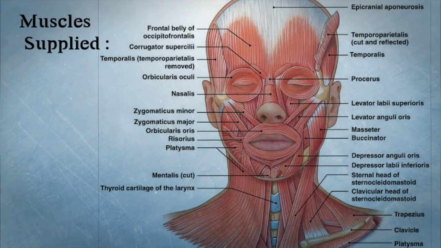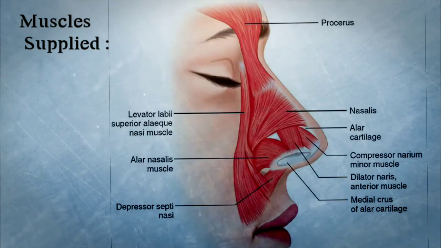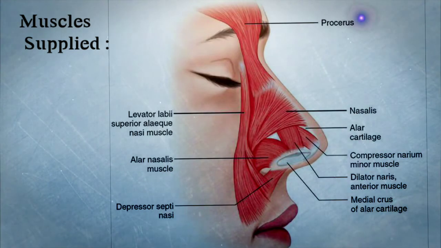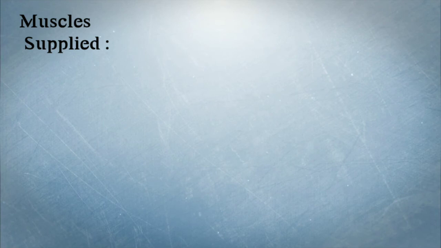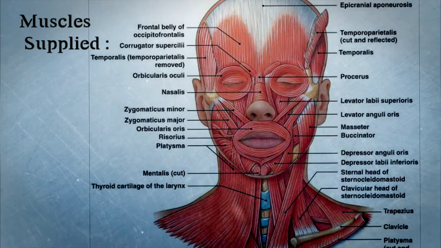So starting off with the first, muscles of eye. So the muscles of eye which are supplied are corrugator supercilii and orbicularis oculi. Next, the muscles of nasal opening. So the muscles supplied are procerus, compressor naris, dilator naris and depressor septi. The third, the muscles around the lips.